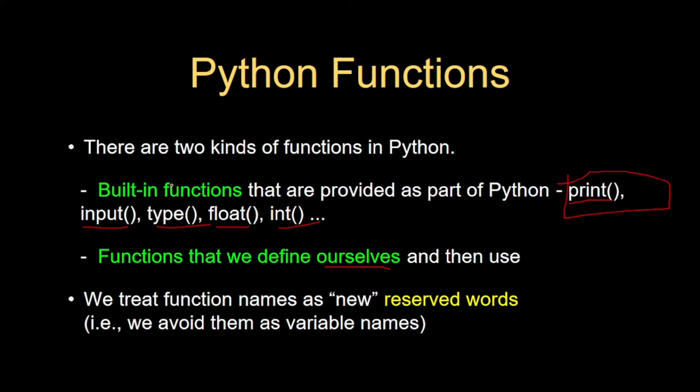So do not give a Python reserved keyword as a name for your custom function. Rather, you should give your own new names. This is how you create custom functions in Python.